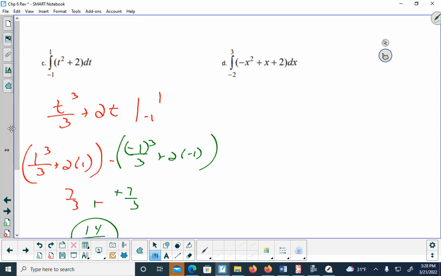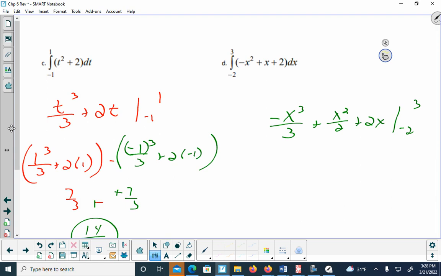If you recognize that in the function, I've taken the antiderivative of negative x cubed divided by 3, plus x squared divided by 2, plus 2x, going from negative 2 to 3.